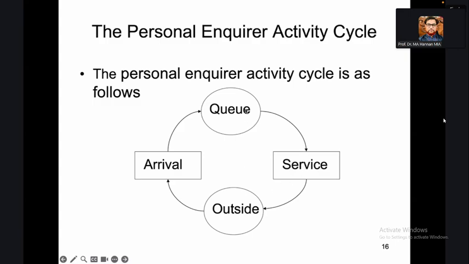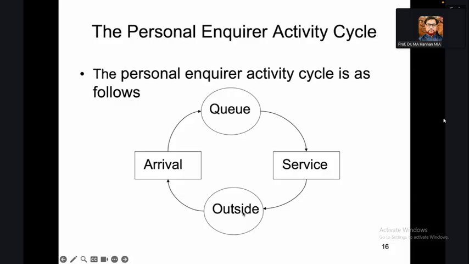So we know the circles are the dead state and the rectangle is the active state.